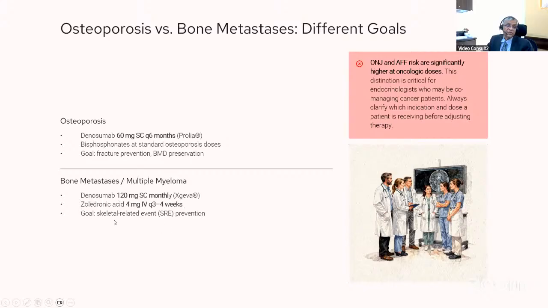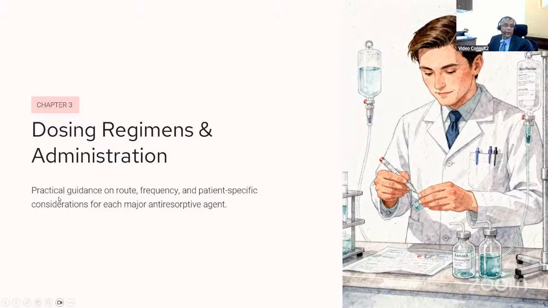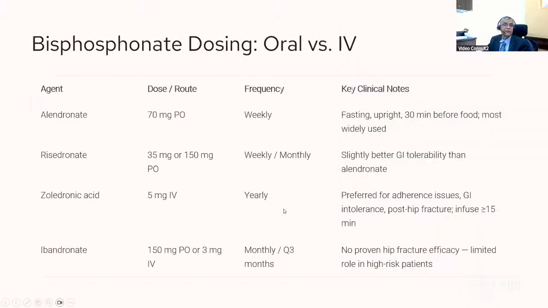The goal is skeletal-related event prevention. So you're preventing the complications of metastasis here. So you have to give a higher dose, double the dose of denosumab given monthly, or zoledronic acid given monthly also. So, practical guidance for dosage.